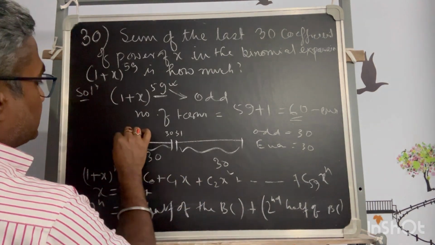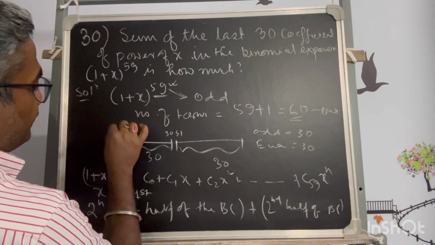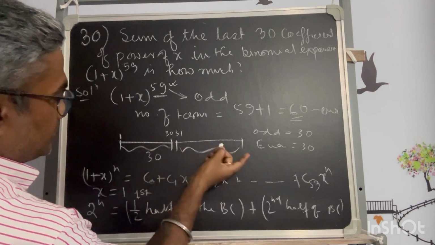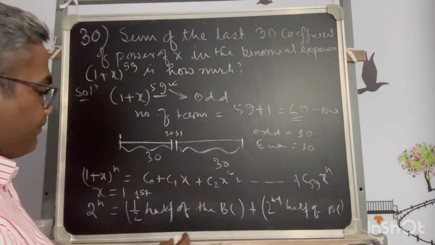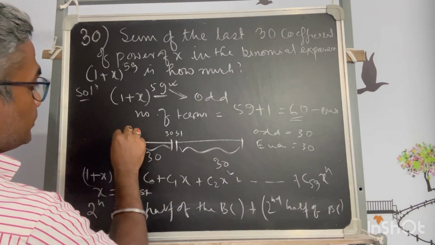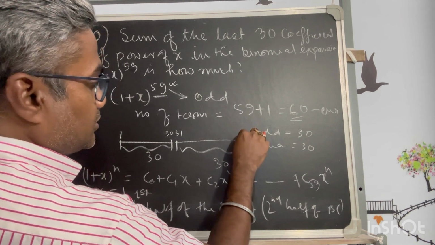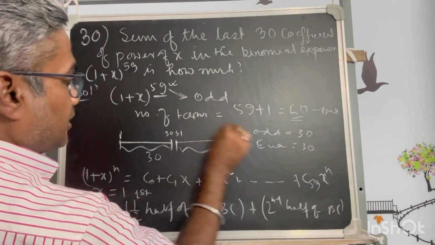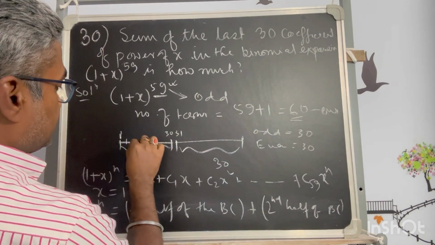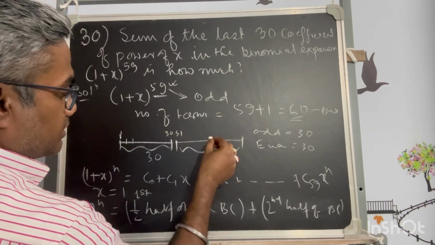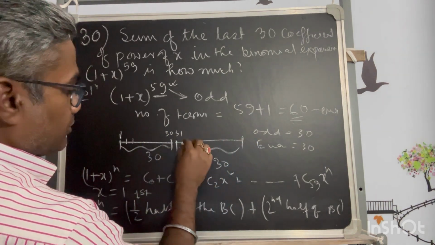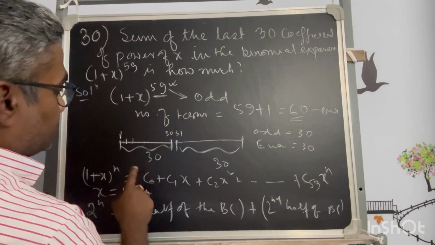Because if we see the values of the coefficients from either end, the equidistant ones are the same. So the first and last terms are equal, similarly all the consecutive terms taking from the back side will be the same.